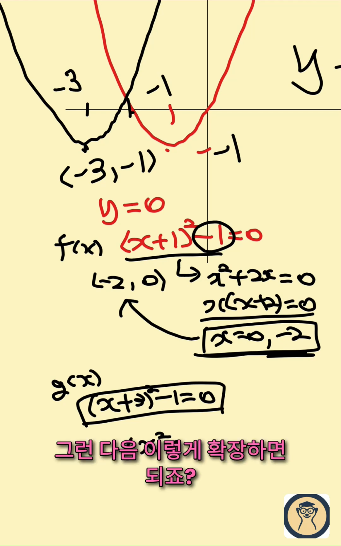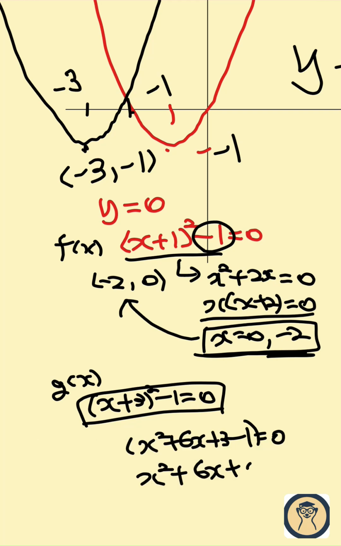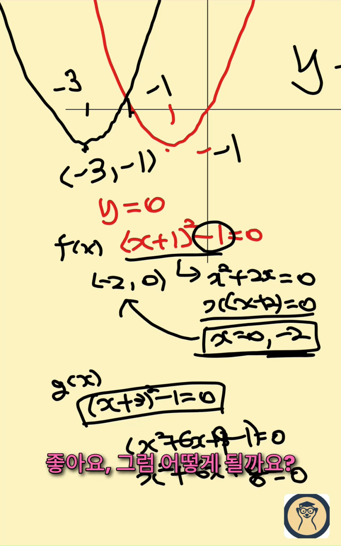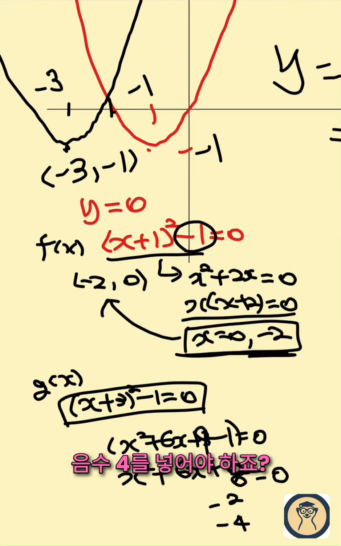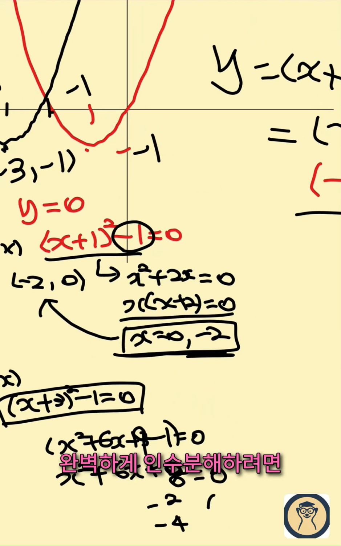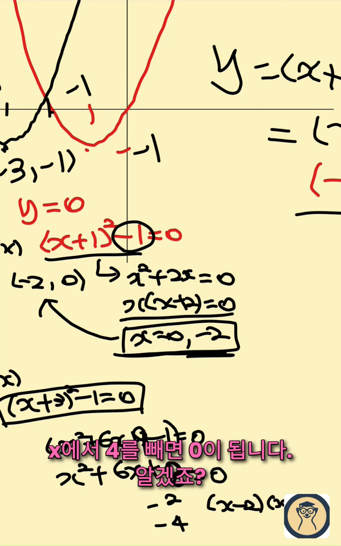Then expand it, something like this, right? And then x squared plus 6x plus 8. Oh, this is going to be 8, right? Okay. So what is it going to be? We have to use 2 and 4 to factorize it perfectly, which gives (x + 2)(x + 4) equals 0.